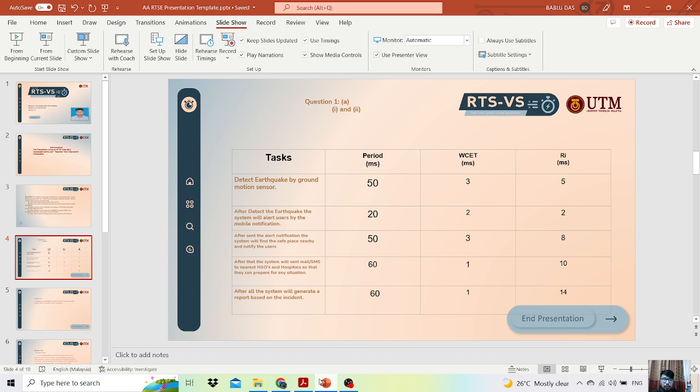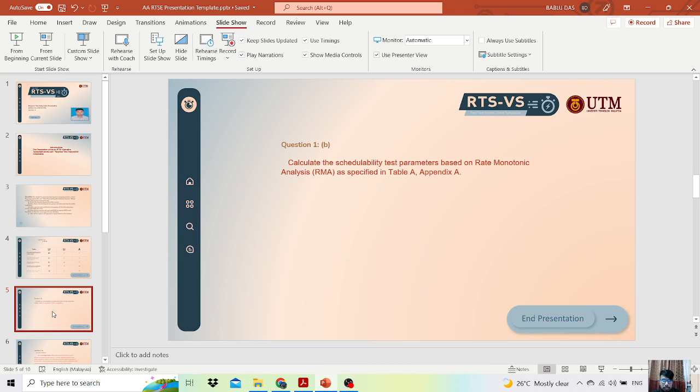After I found these concurrent tasks, I will try to determine the period time and worst-case times. This table is based on Dr. Diane's research paper, so based on that I will put in all these values.